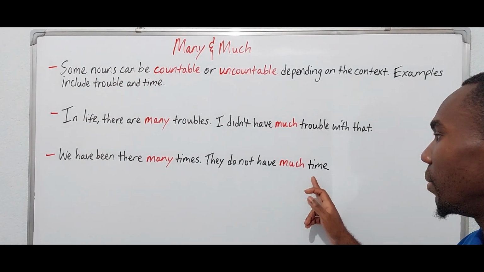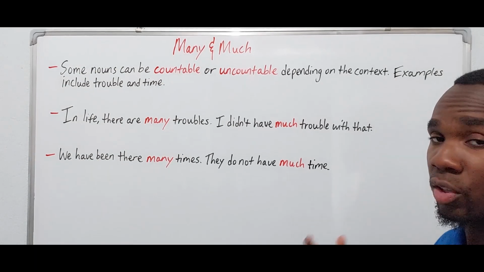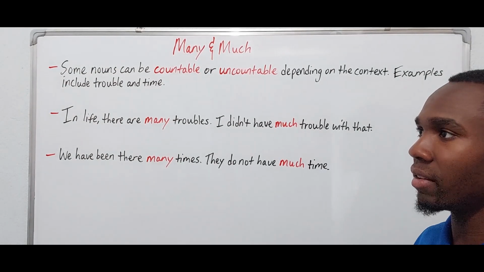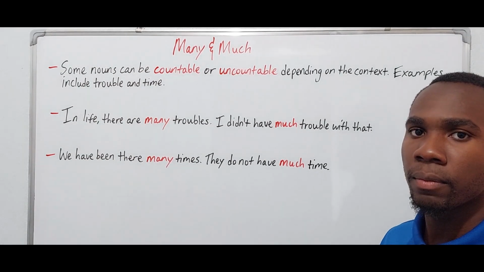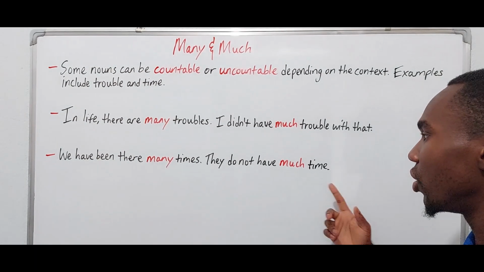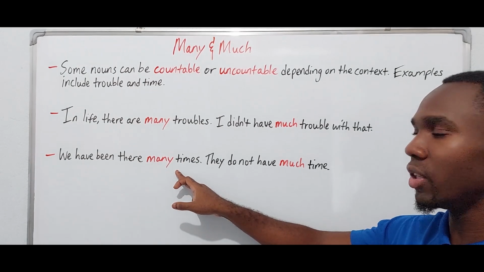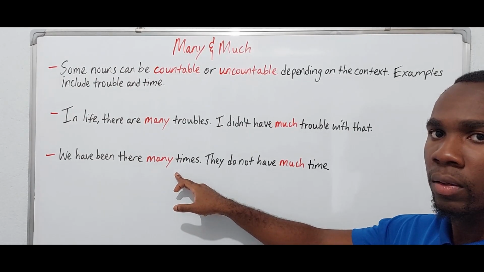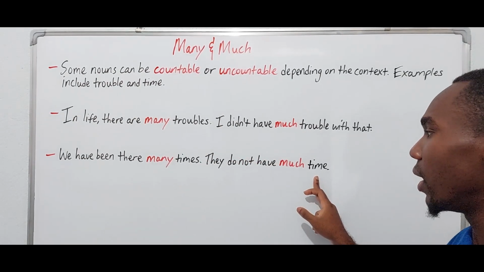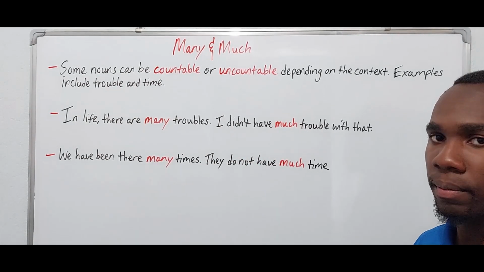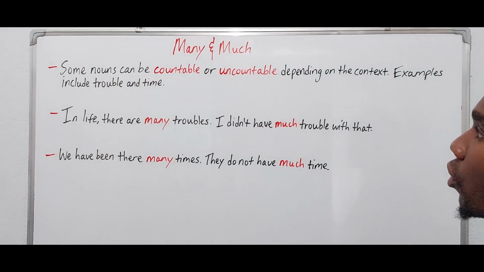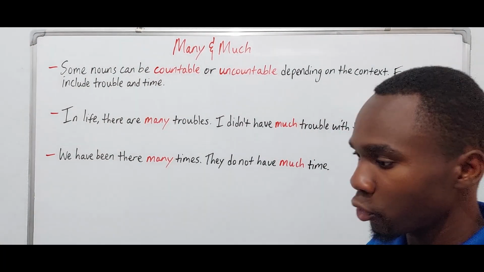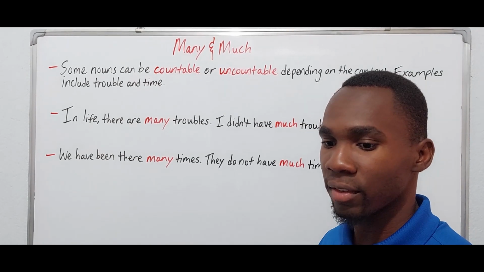Time in this case is singular and it's uncountable because we're referring to time as a concept. So here, time refers to occasion, and here, time refers to the concept. So some nouns can be countable and uncountable, and it's just going to depend on the context.